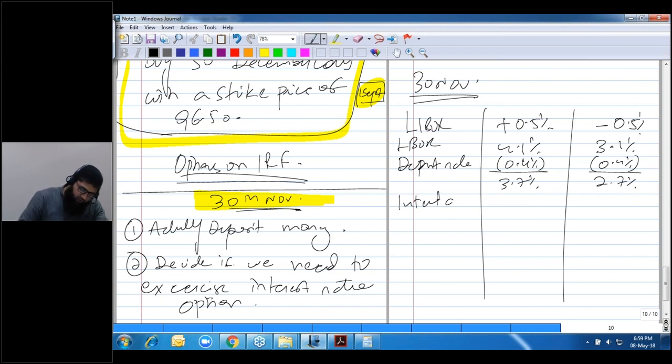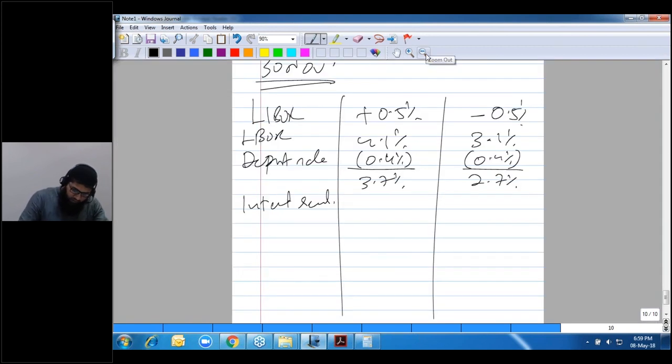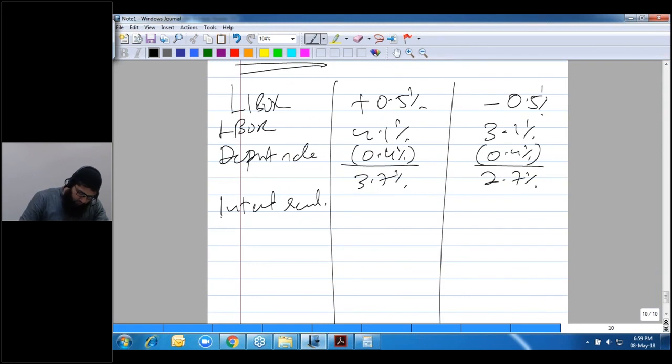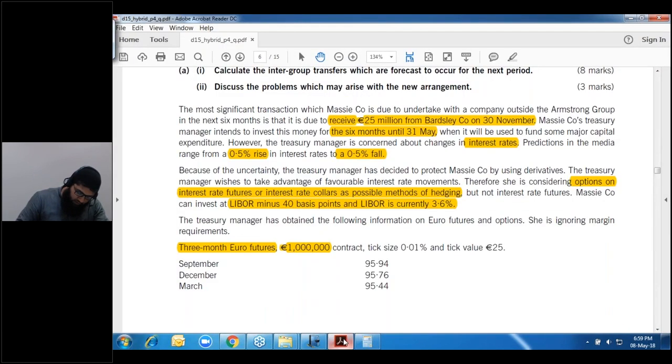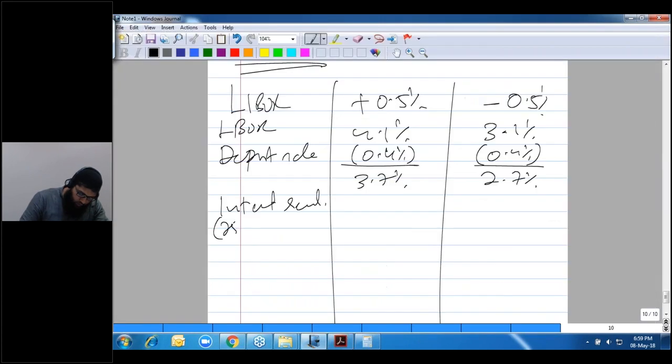So interest received, what do we need to calculate? We need to calculate the interest received. The interest received is the amount of money that we are actually getting. It's 25 million euro multiplied by this X percent and multiplied by 6 upon 12.